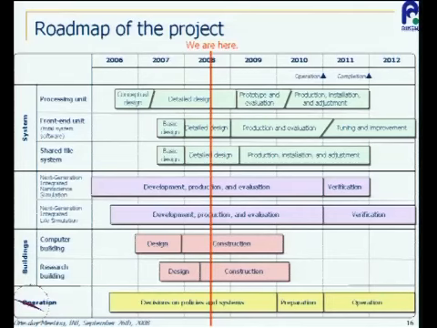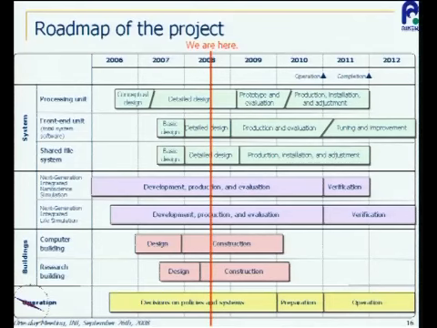This is a roadmap of the project. The project is a 7-year project. We are now in a detailed design of the system. That design will be fixed next year.